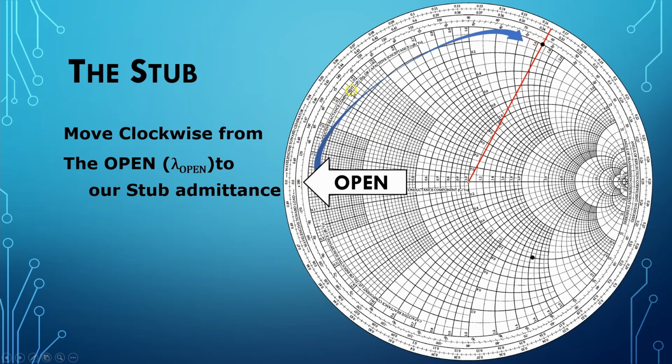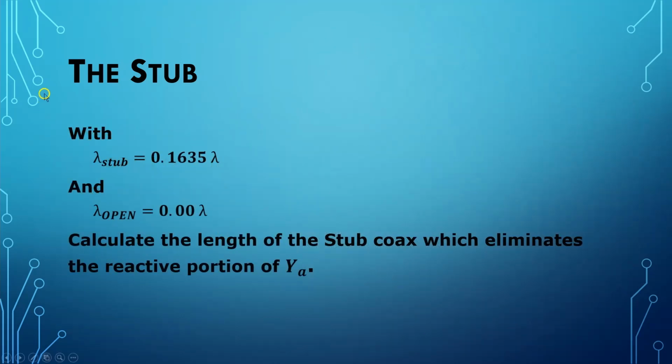So we're moving toward the generator clockwise around until we get to here. With the wavelength of the stub equal to 0.1635, and the wavelength of open equal to 0.00 wavelengths, we can calculate the length of the stub coax, which eliminates the reactive portion of the admittance at point A.